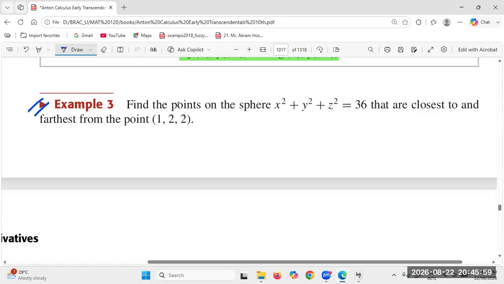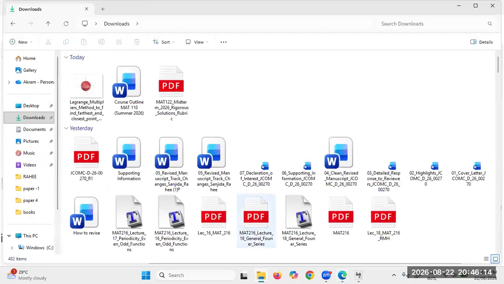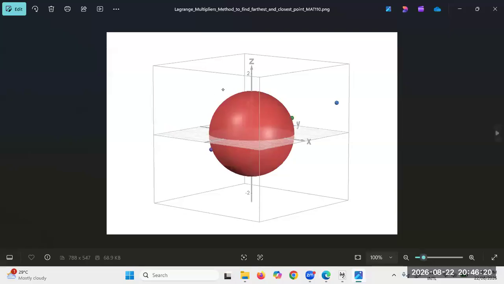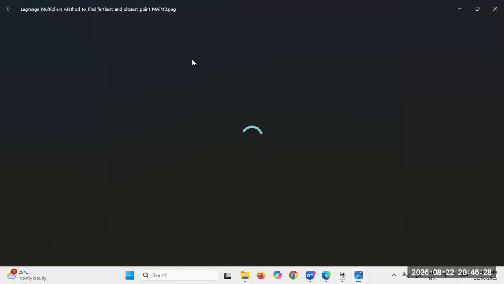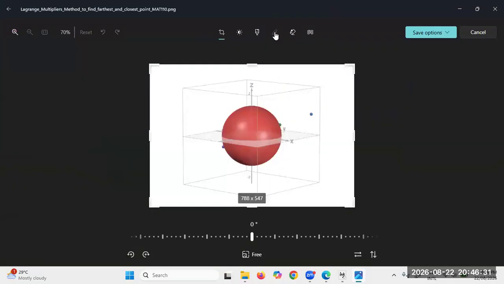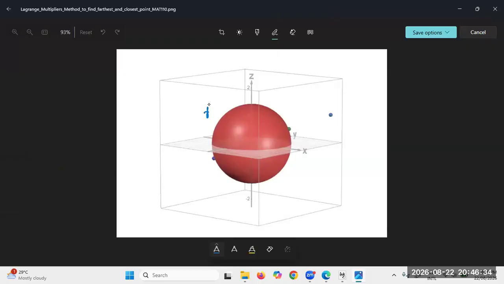Let's say, for example number 3, find the points on the sphere x square plus y square plus z square equal to 36 that are closest to and farthest from the point 1, 2, 2. So this red one is a sphere, and the equation of this sphere is x square plus y square plus z square equal to, let's say, 36.